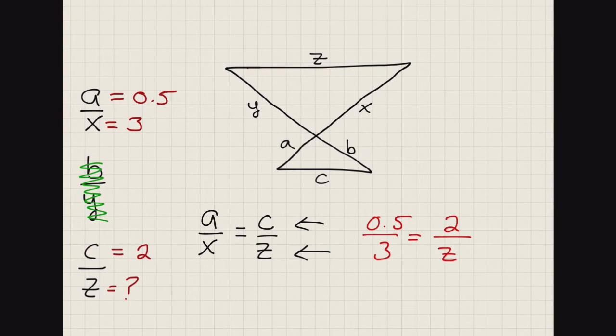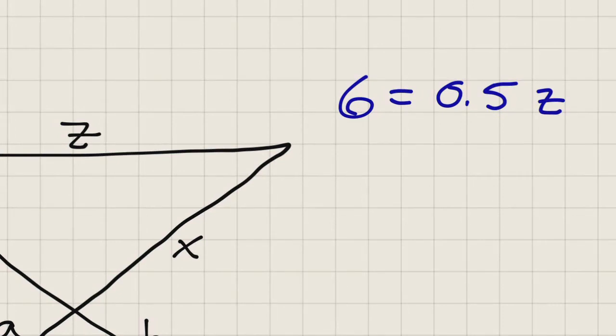Did I hear square root? Square root is not an option here, but I can find the cross product, or cross multiply. So I'm going to go ahead and do that. 2 times 3 is 6, and that's going to be equal to 1/2 Z, or 0.5 times Z. Now, how would I get Z by itself?